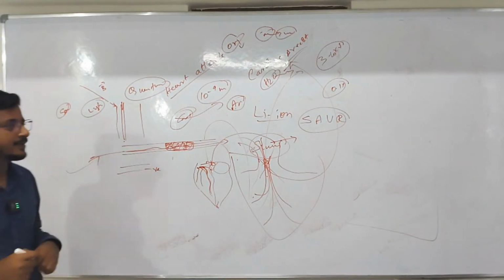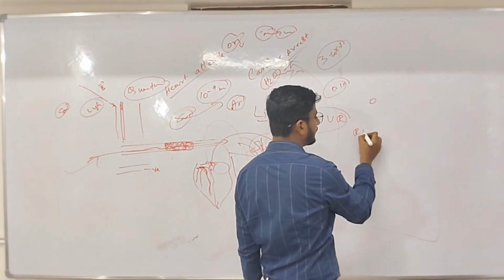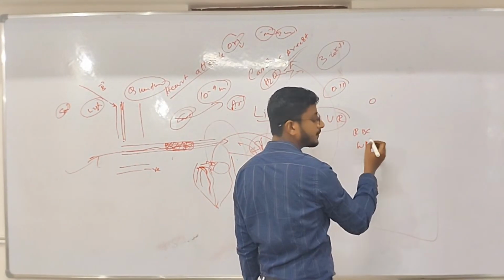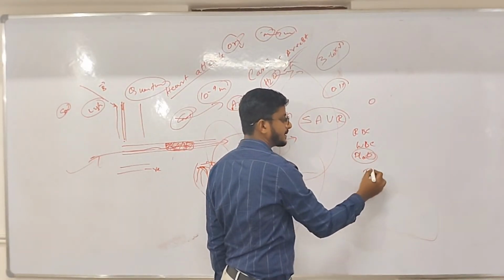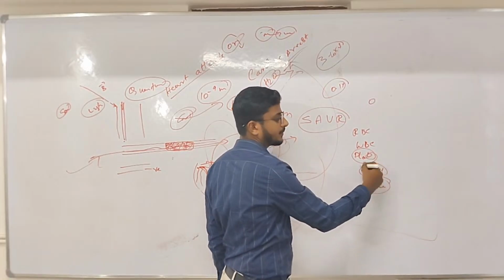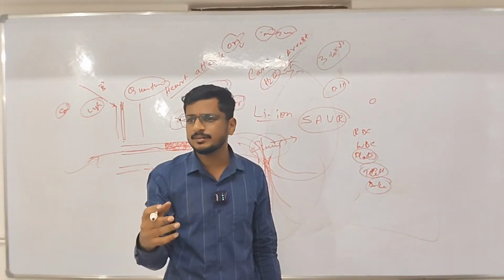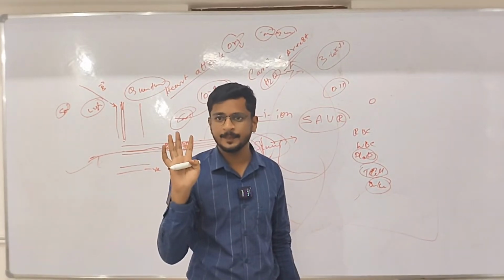So what happens here is, we have RBC, WBC, platelets, T cells, B cells. These are all the ones which attack the foreign bodies, right?